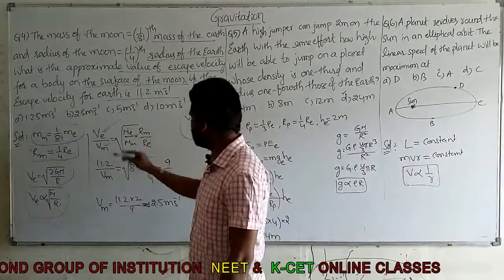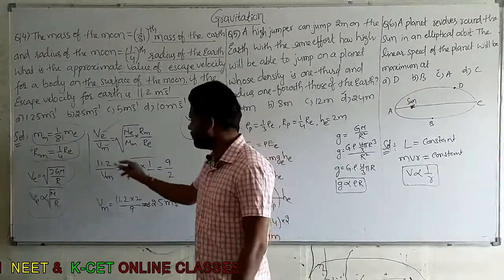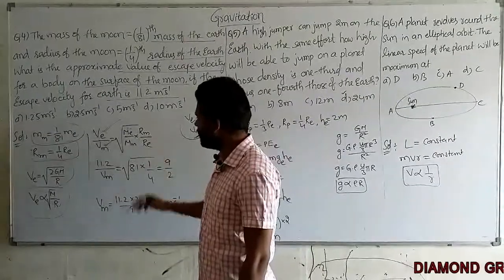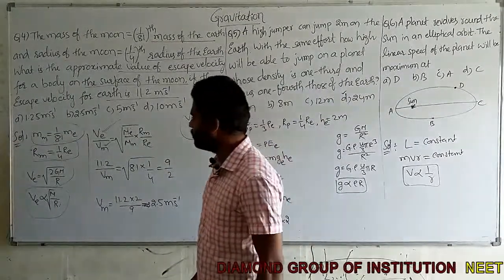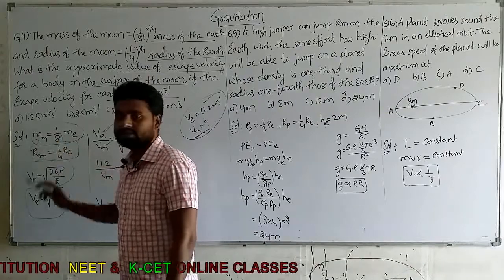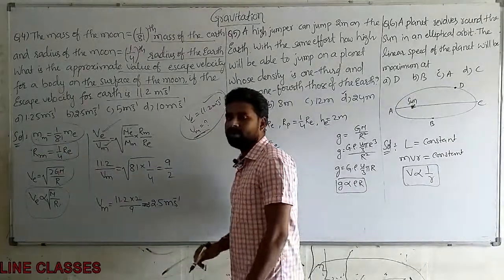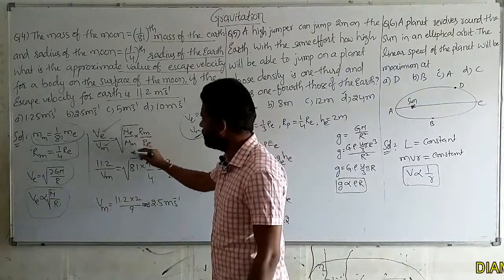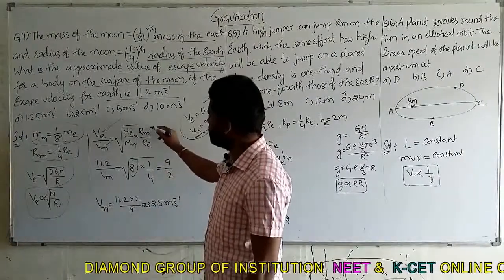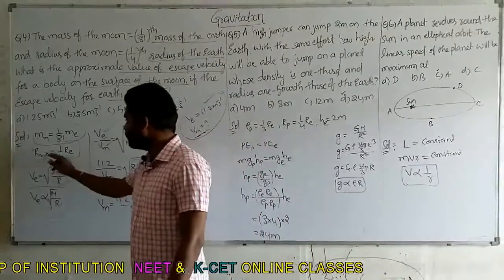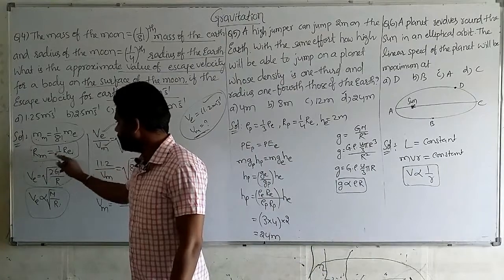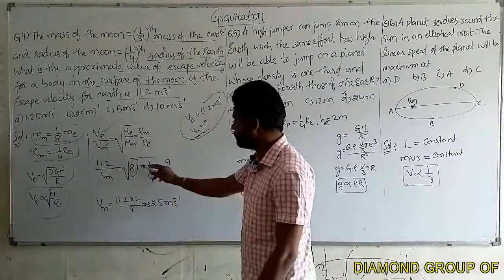So escape velocity on the Earth is given as 11.2, and the escape velocity on the Moon we have to find, equals the square root of mass of the Earth by mass of the Moon. Send the 81 to that side, so ME by MM becomes 81. And radius of the Moon to radius of the Earth: the radius of the Moon is 1 by 4 of the radius of the Earth. Sending the radius of Earth to this side, RM by RE we get 1 by 4.